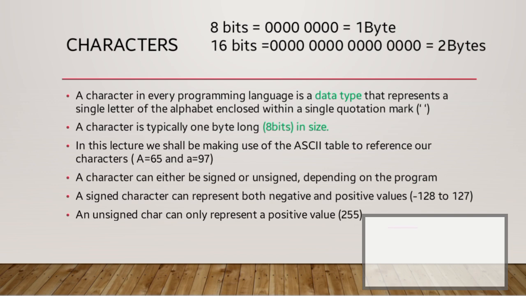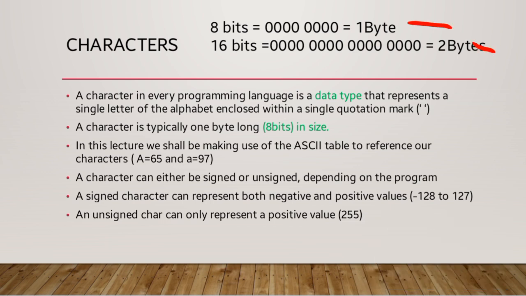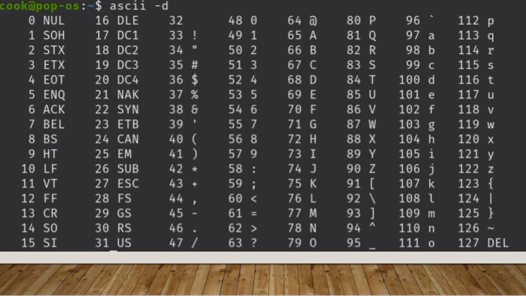A character is typically 1 byte long. That is to say, it contains 8 bits, that is 8 zeros or ones. So here we are going to use the ASCII table to make reference to our characters because it will be much easier to work with the ASCII table since it has decimals of each character represented in a tabular form.